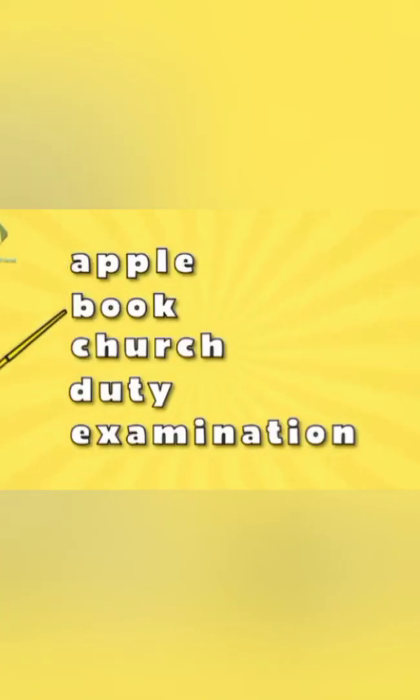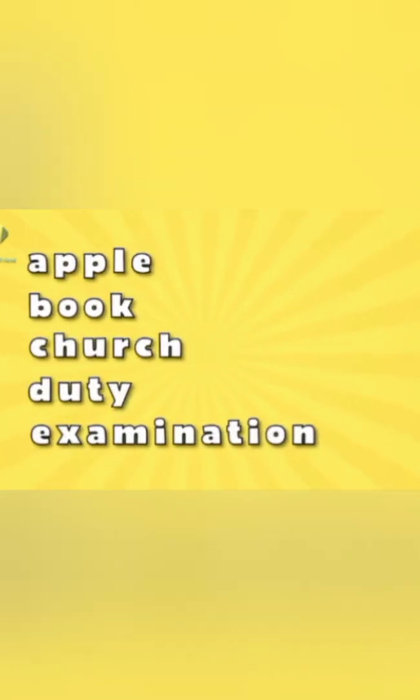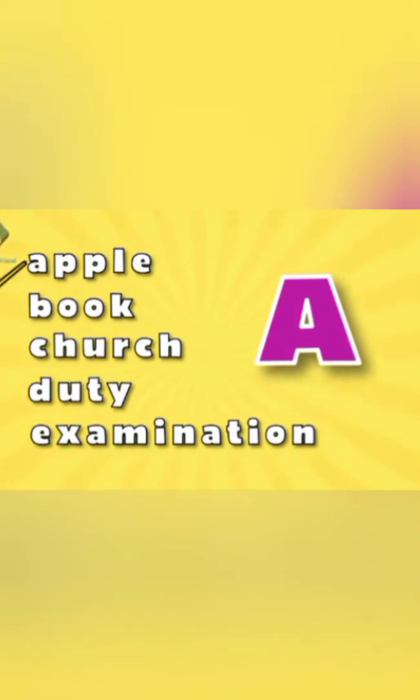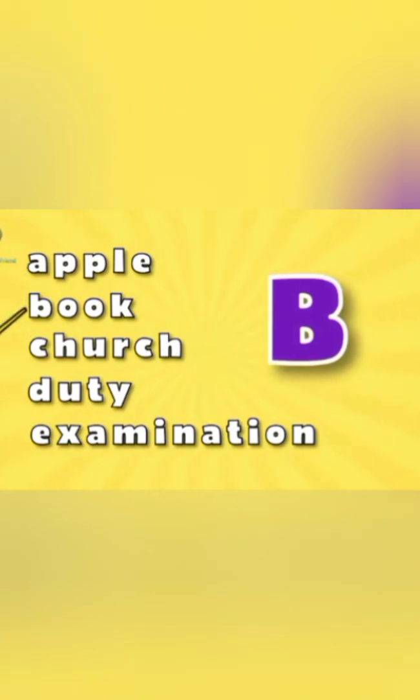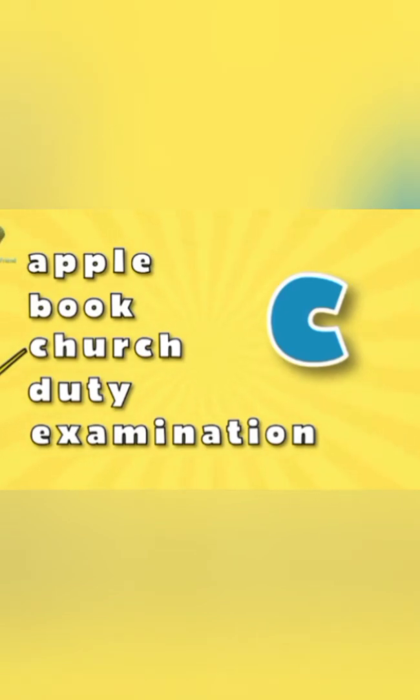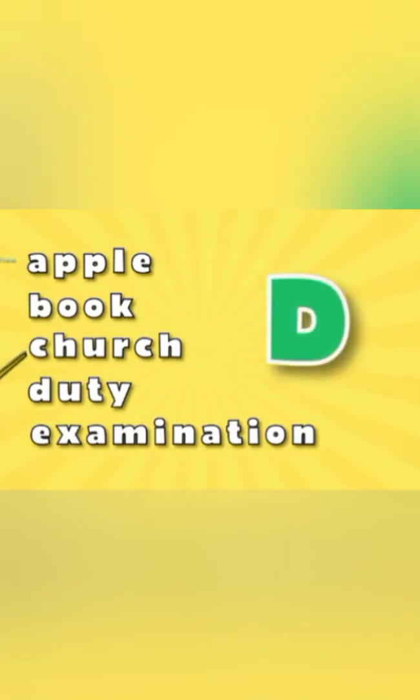So when we arrange them, what do we do? We go through the first letter of each word. Okay, first we have to underline the beginning letter of each word, and see whether they begin in ABC order or not. So we have rearranged the words here by seeing that the first letter begins with the letter A, apple, B, book, and the letter C for church, and next the letter D and the word is duty.